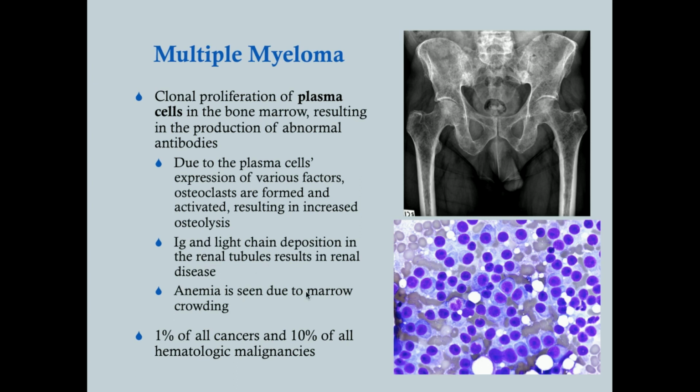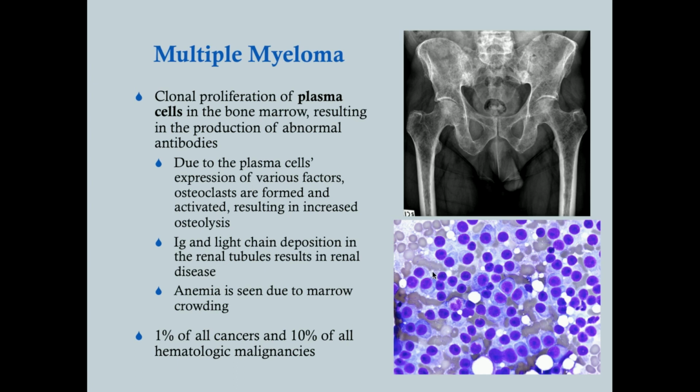And then anemia is going to be seen due to bone marrow crowding. Okay, so you have all of these plasma cells, which are just proliferating nonstop, and it's crowding out the other precursor cells, including the erythroblasts. It may include other cell lines, so lymphocytes, it may include precursors to platelets, which are megakaryocytes.